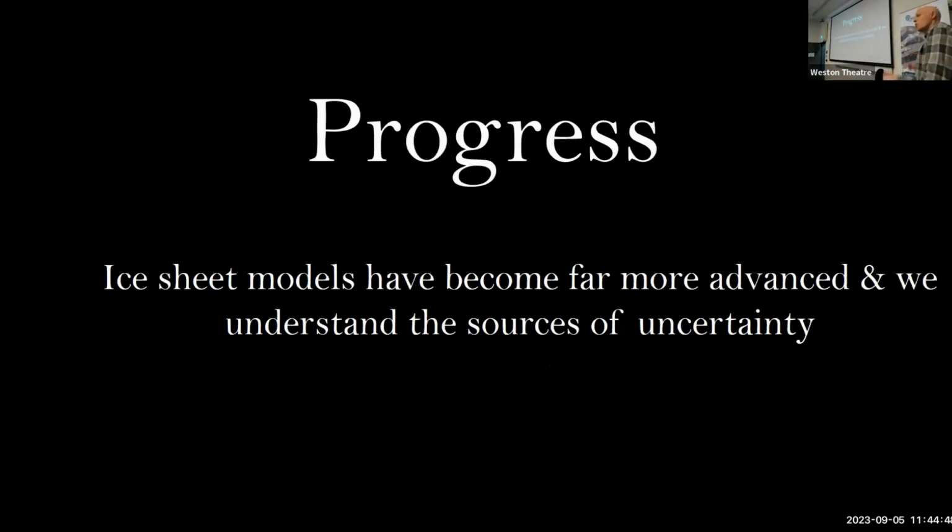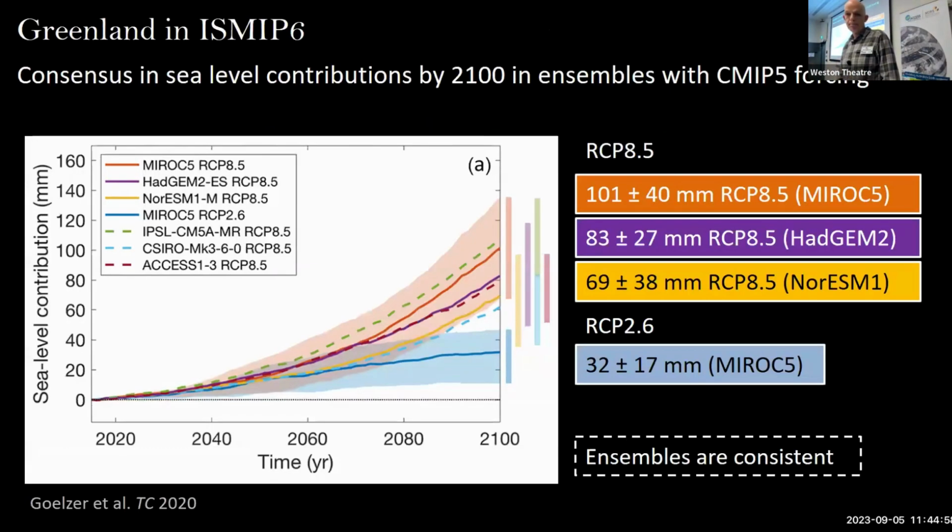Nevertheless, ice sheet models have come a long way, and they have progressed a lot over the last 5 to 10 years. And we're also starting to understand this uncertainty better. If we look at Greenland in the latest ice sheet model intercomparison project, we can see that there is a consensus between the different models and the different climate models that we force our models with.